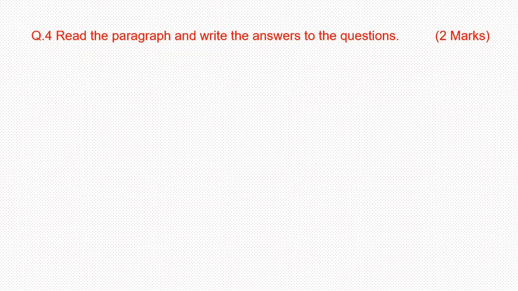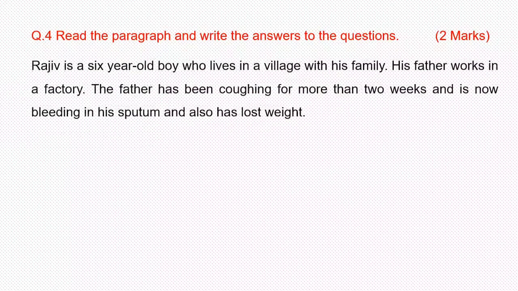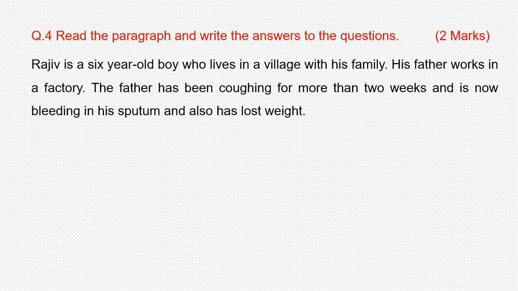Question number 4. Read the paragraph and write the answers of the questions. This is for 2 marks. And the paragraph is, Rajiv is a 6-year-old boy who lives in a village with his family. His father works in a factory.